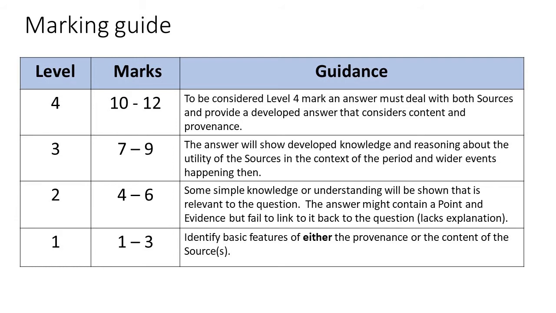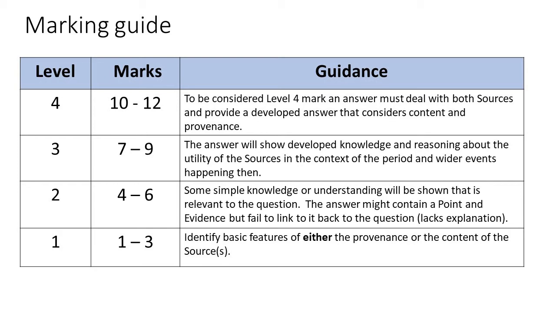And to give you a little bit of an idea of how the marking will be distributed for this exam, I've put a marking guide in front of you now. Now the examiner, when they mark it, they're going to give it one of 4 levels, 1 being at the bottom and 4 being at the top. And you can see they've got some guidance that will help them decide which level your answer will be. Once they've given it a level, they then need to decide what marks it's going to get.